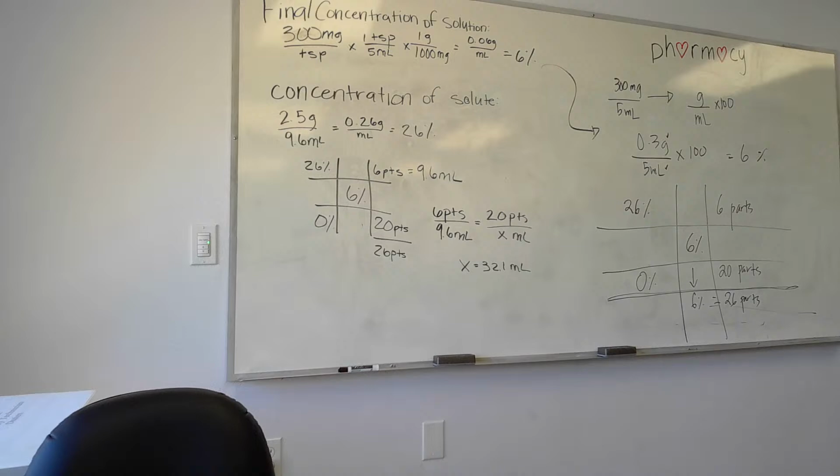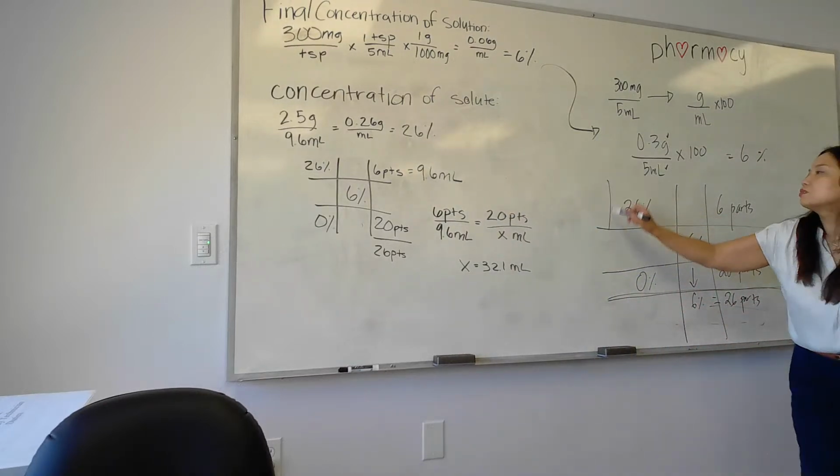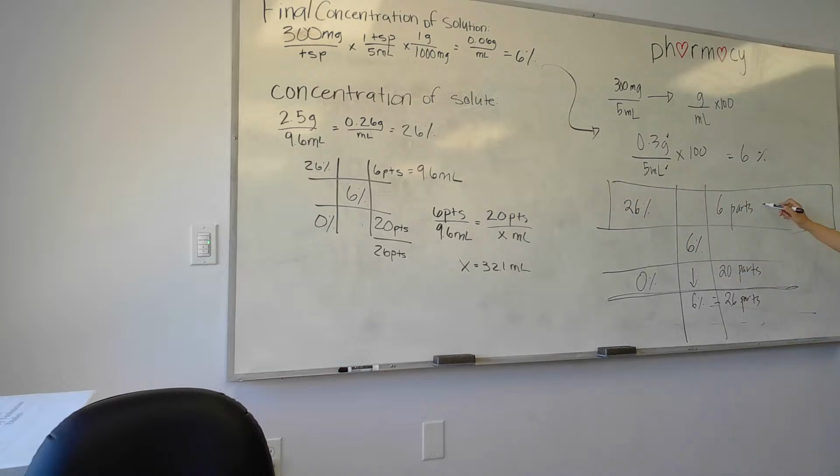2.5 grams with a volume of 9.6 ml. So this is the 26%, correct? That's what the problem says. So where's my 26%? So I put the, how much? 9.6 ml. Well, I have a working variable now, no matter what, right?